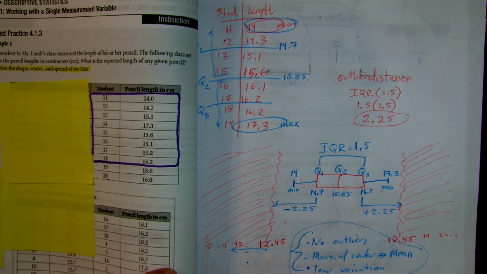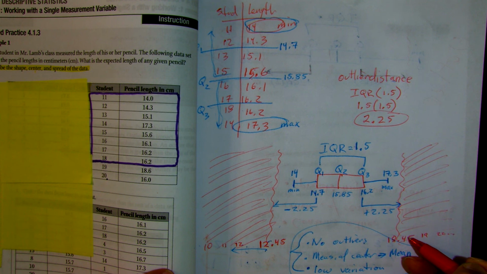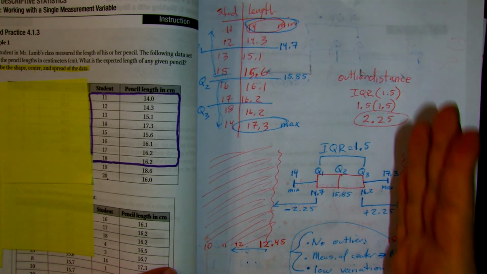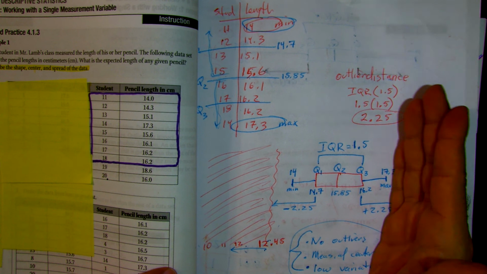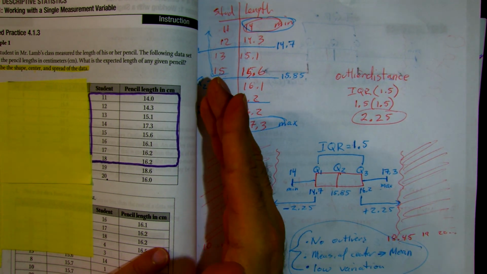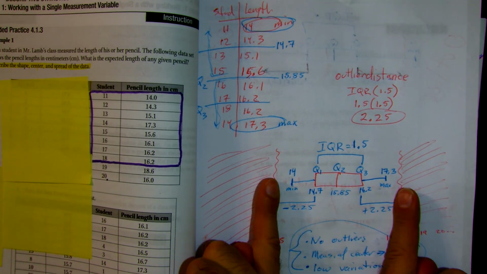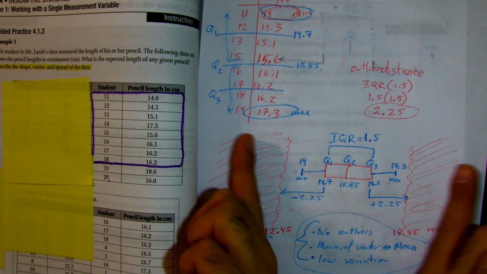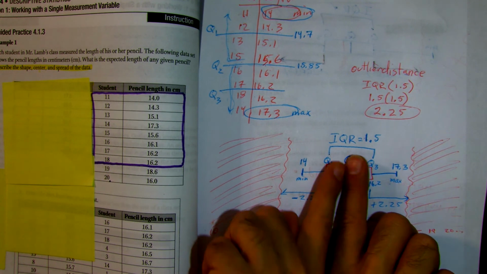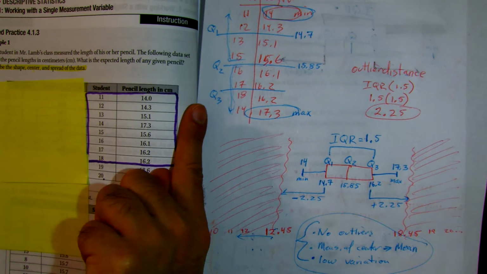17.3 is less than 18.45. But think about what you're asking. You're asking, isn't 17.3 an outlier because it's less than 18.45? If that was the case, then everything would be an outlier. But no, outliers are measured from the median. They're a certain distance away and beyond. Here's the fence, and the outliers are all the numbers beyond it: 18.45, 19, 20, 21, 1,000, billion, trillion.